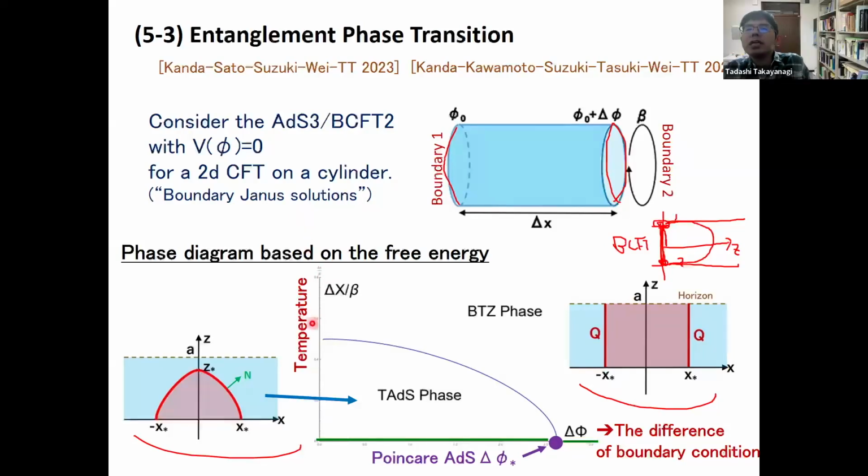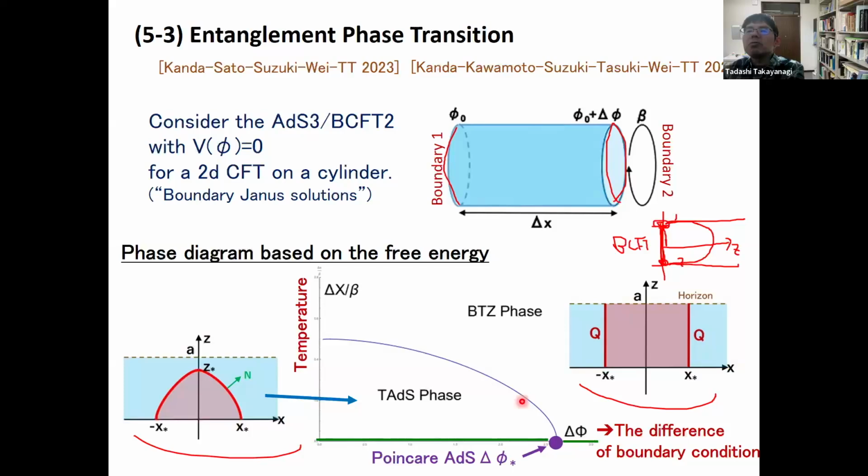But now we generalize this famous Hawking-Page transition in the presence of delta phi. And then the transition temperature decreases as delta phi gets larger. And interestingly, a critical point appears here. At some critical value of delta phi, the boundary goes to zero temperature.